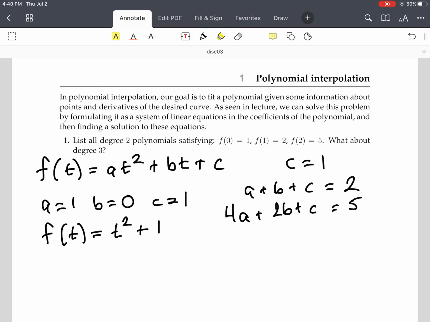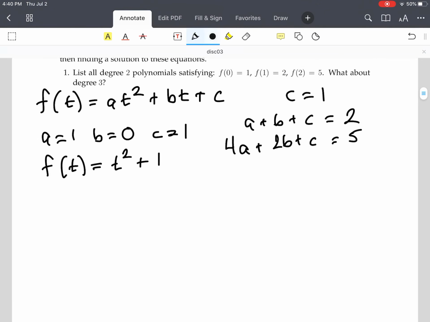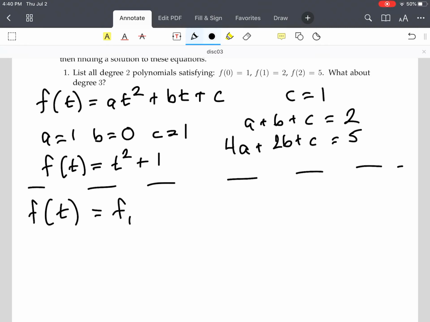Now the question asks, what about degree 3? One way to do this is to write the degree 3 polynomial as the sum of 2 polynomials. Let's make f1 equal to t squared plus 1, which is a polynomial we already know satisfies these 3 points.